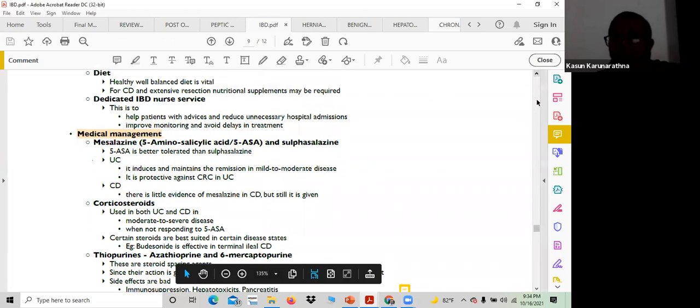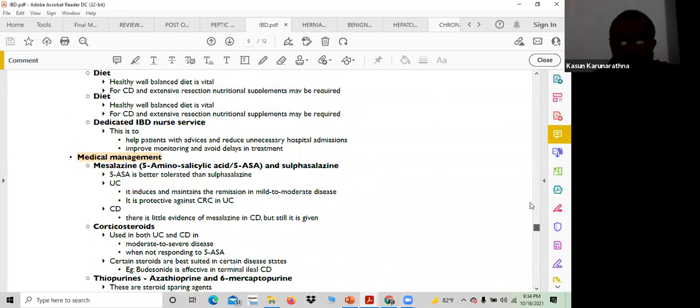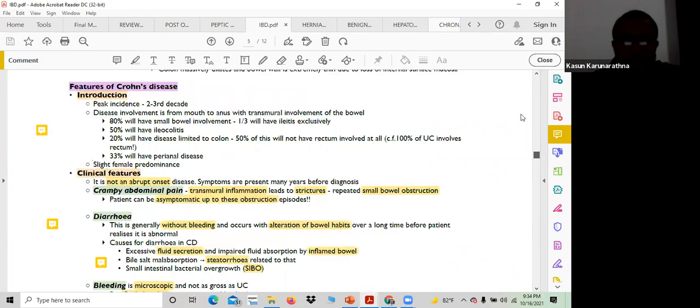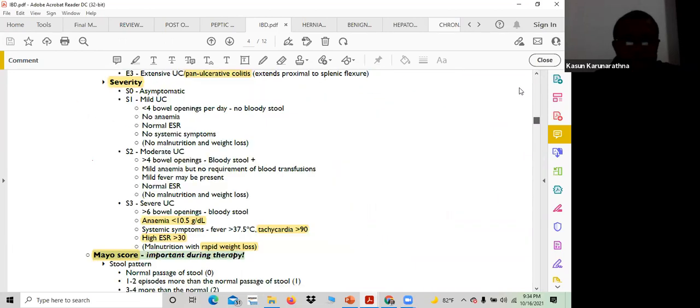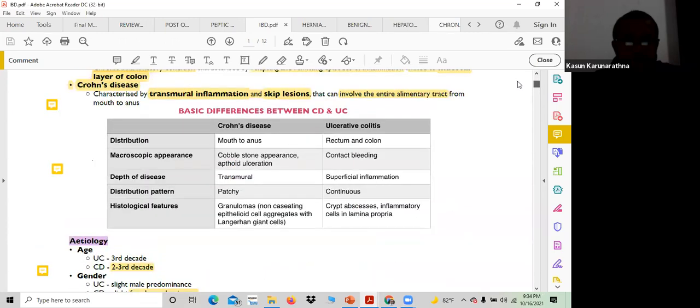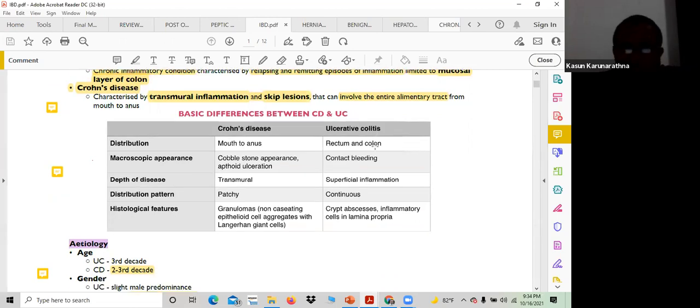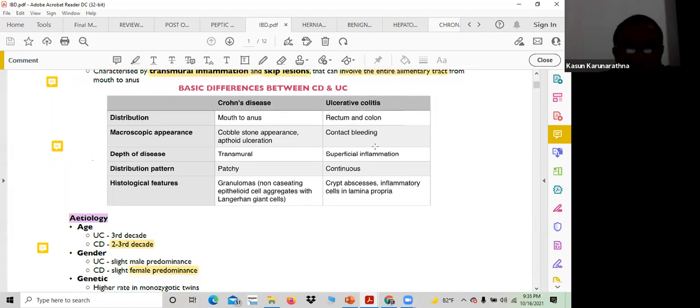Okay, a little bit about ulcerative colitis. The basic differences is distribution. Crohn's involves from mouth to anus. Ulcerative colitis mainly affects rectum and the colon, right?